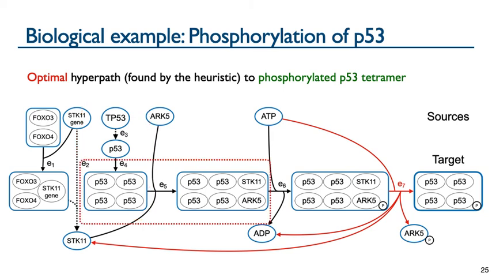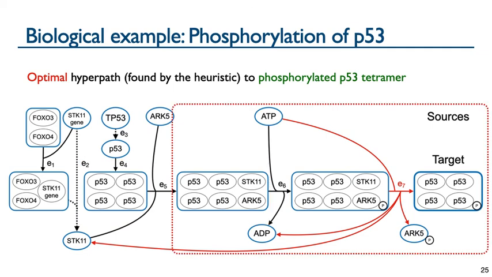This tetramer then forms a complex with ARK5 and STK11 to allow phosphorylation in hyperedge E5. Then ARK5 is phosphorylated in E6, and the P53 tetramer is phosphorylated in E7, breaking the complex and creating a cycle because STK11 is both in the head of hyperedge E7 and in the tail of hyperedge E5.